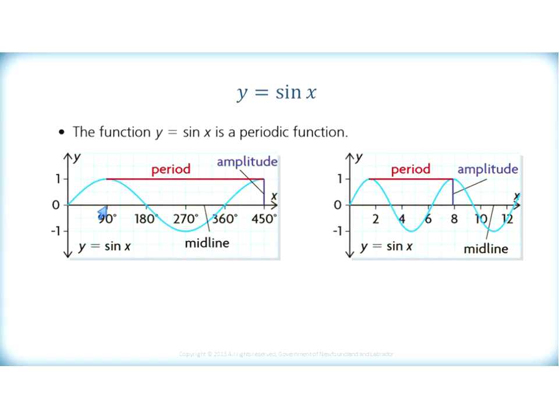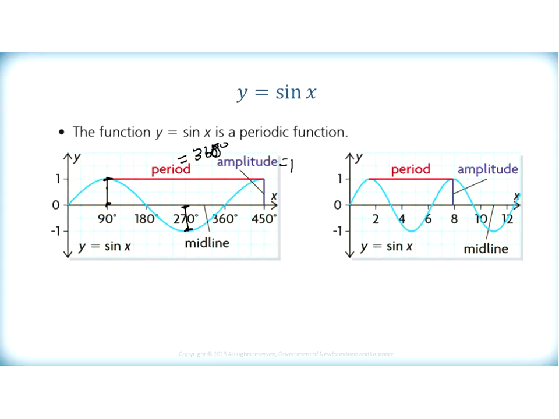So here we have from 90 degrees to 450 degrees, which would give us a period of 360 degrees. The amplitude in this case is the length from the midline to the maximum, which would be 1 unit, or the midline to the minimum, which would be 1 unit, of course. Amplitude is 1.